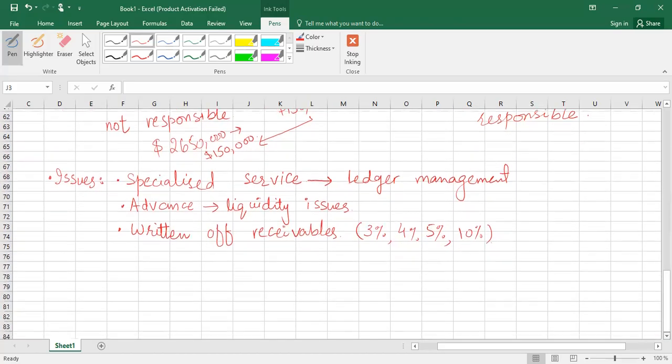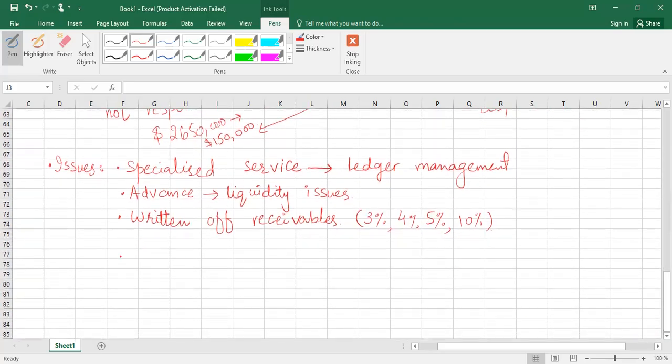But whenever you are going to make an arrangement with the factor company, it means now you are going to share your confidential information about your customers, about your receivables, and the overall credit control department, credit control policies, your liquidity position.